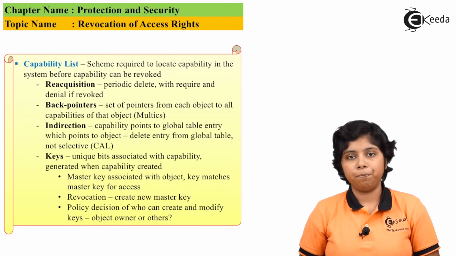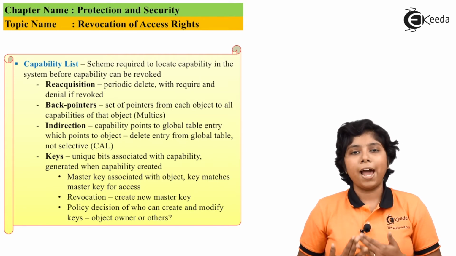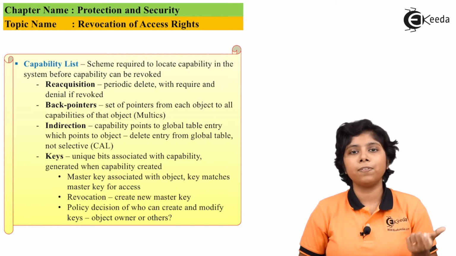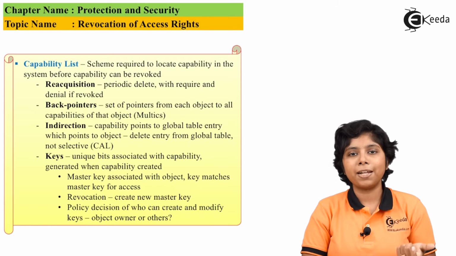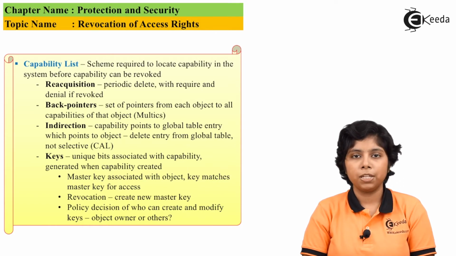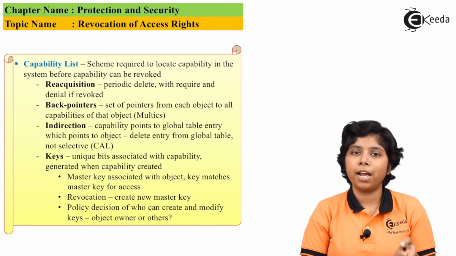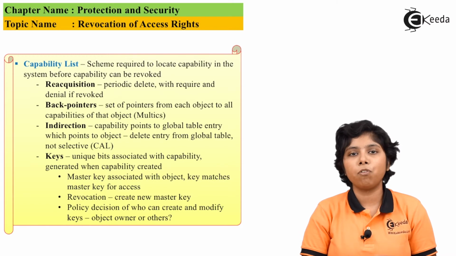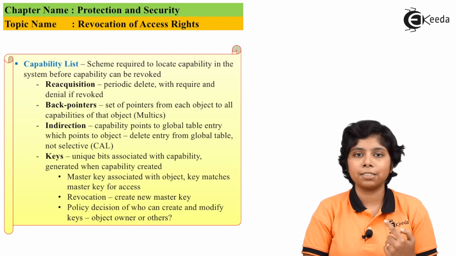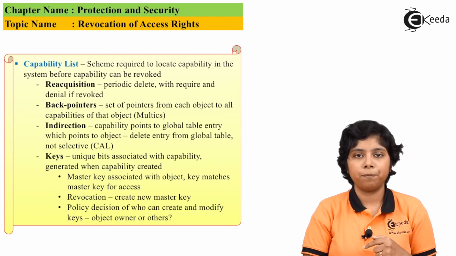So if an access right is being requested by a user, the user will have to wait until the master key of that particular capability matches with the key provided by the user. If these two keys match, then the user will be allowed access, otherwise there will be a revocation of the access right on that capability which the user has accessed.